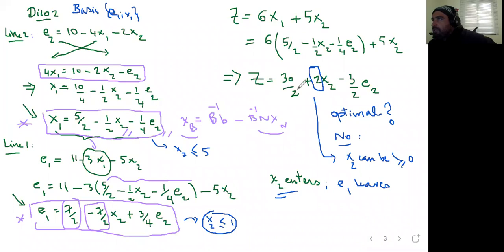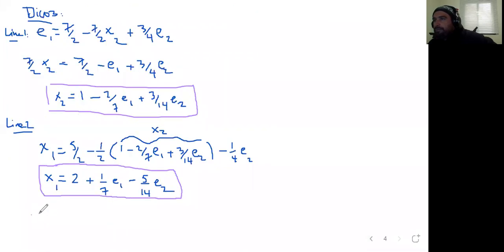It was equal to 30 over 2 plus 2x2. So I'll open a bracket for x2. And you see these two additional units that add up to the value of my z, which means that I can improve it. So this takes the place of x2, of course.